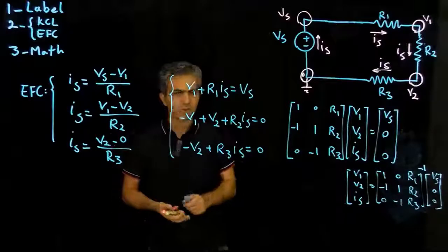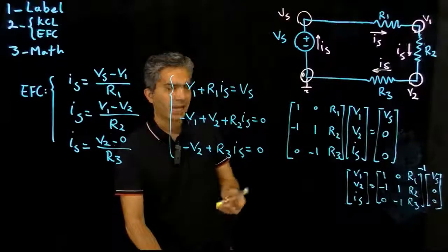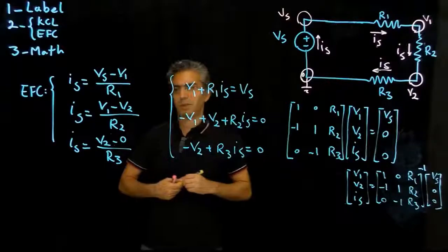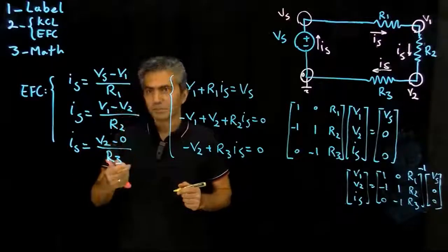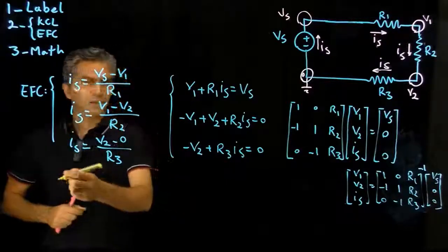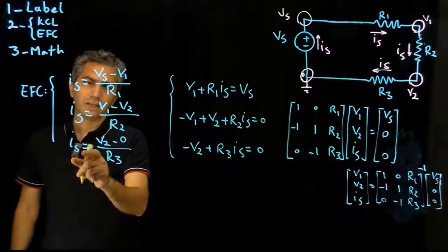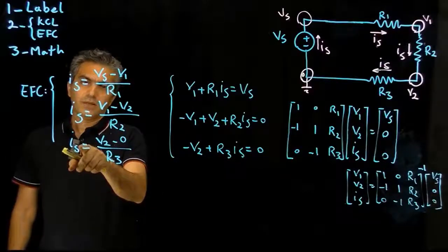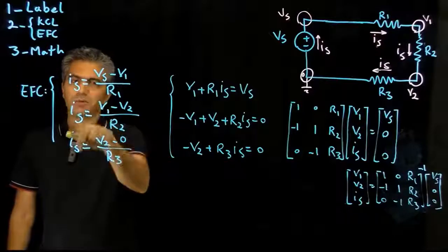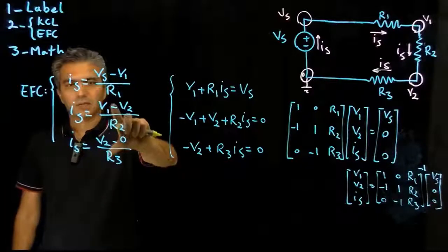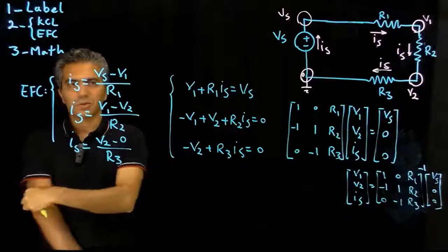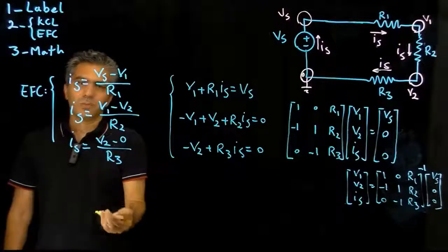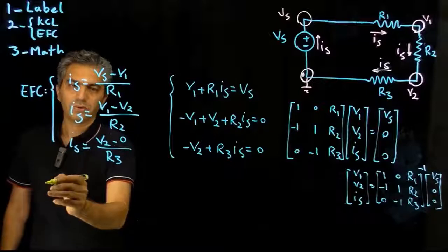Now, I'm going to actually do this by hand. This is a simple set of equations, so I can basically get rid of current relatively easily. I can equate these two equations to each other, and then these two equations to each other, and that way reduce the number of equations to only 2.